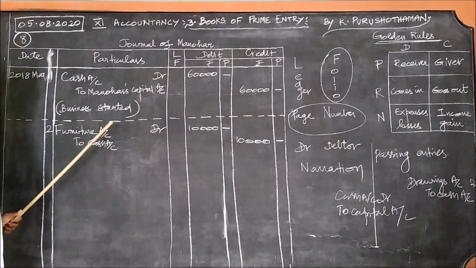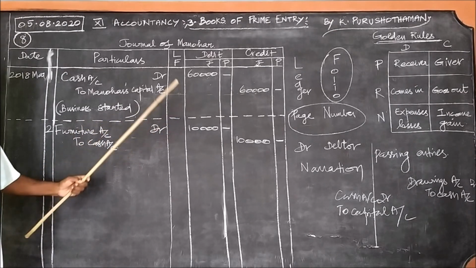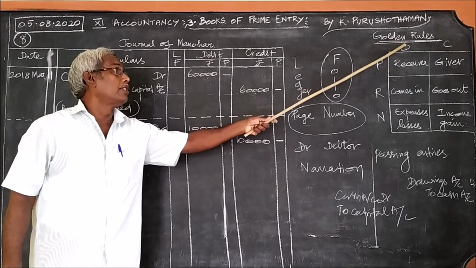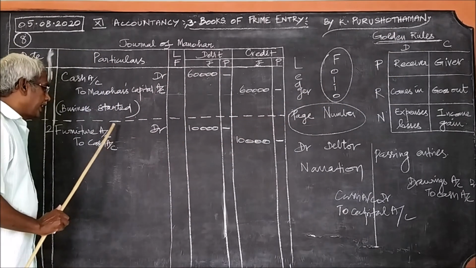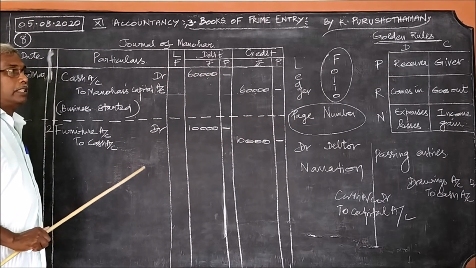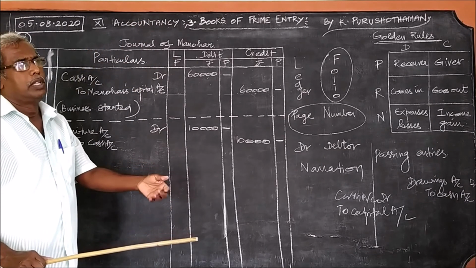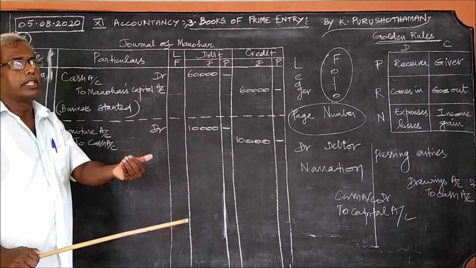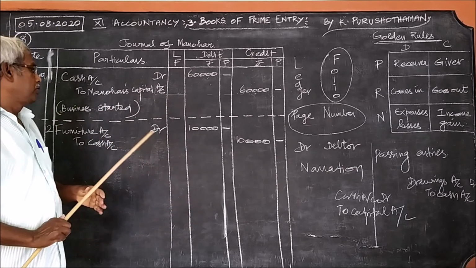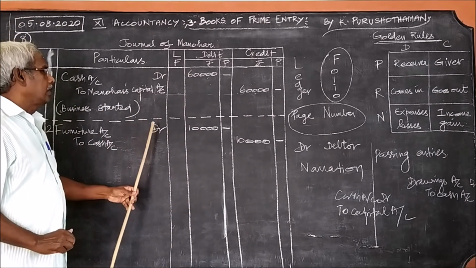Furniture comes in. So furniture account debtor, the first rule: first line for debit, second line for credit. In debit, you have to follow any one rule from the debit rules. Furniture comes in. Therefore, furniture account debtor.